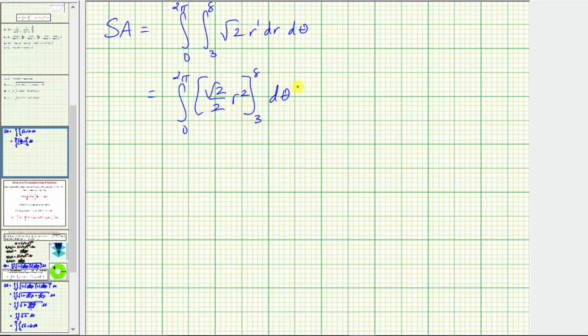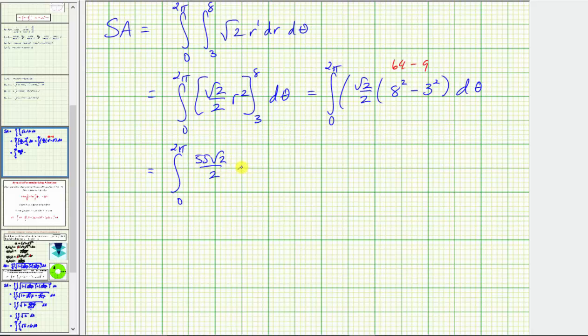And now we find big F of b minus big F of a, which will give us square root 2 divided by 2 times, when r is 8 we have 8 squared, minus when r is 3 we have 3 squared. 8 squared is 64, 3 squared is 9. 64 minus 9 is equal to 55, which gives us the integral from 0 to 2 pi of 55 square root 2 divided by 2 d theta.